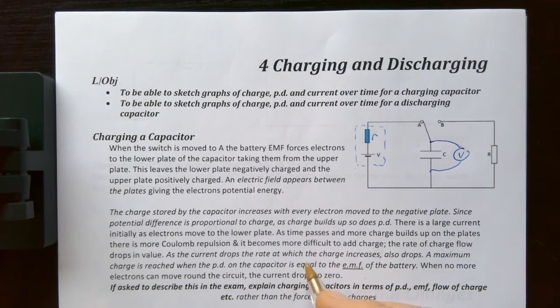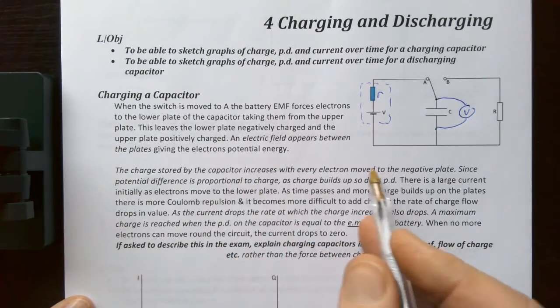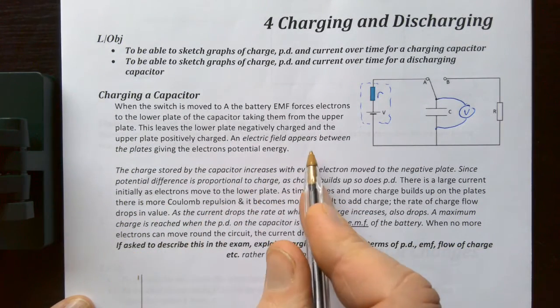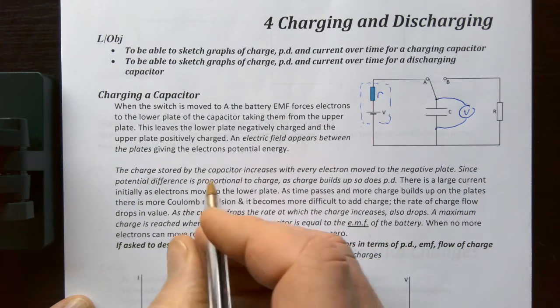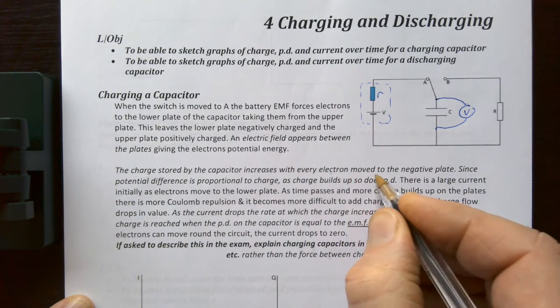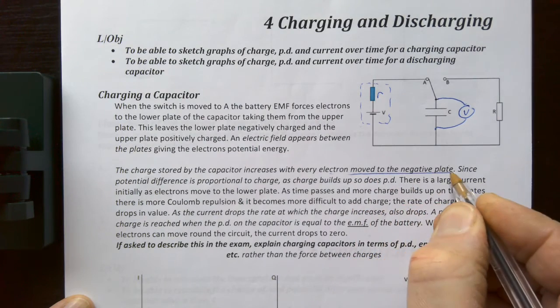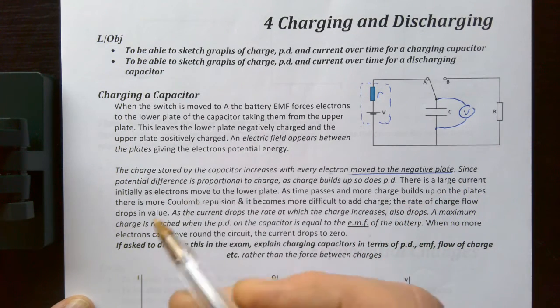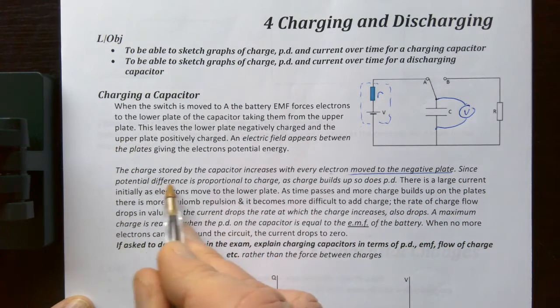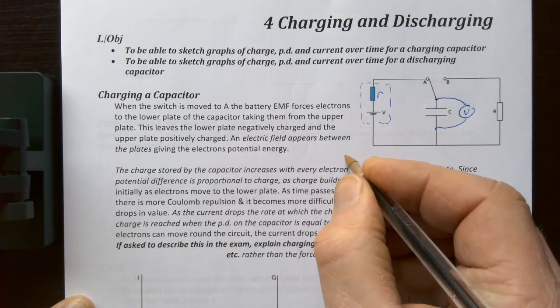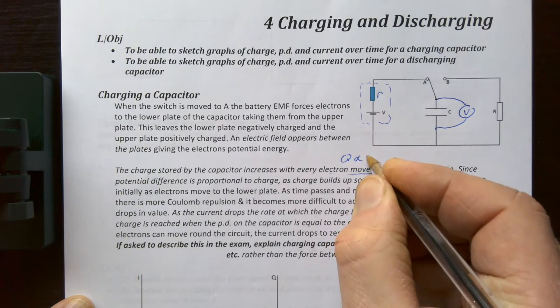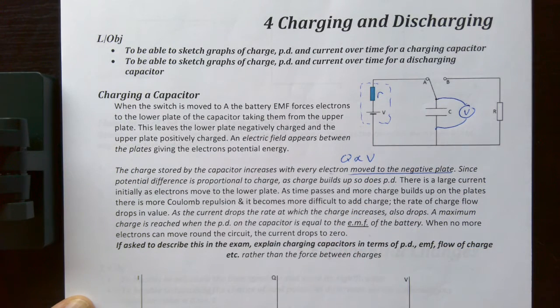Okay, now just have a read through this and have a think about this. It's mentioning electric field and so on. But when you get down to here, when you're moving each electron onto the negative plate, it's all to do with that crucial capacitor equation. Okay, so Q is proportional to V. Okay, so Q equals CV.